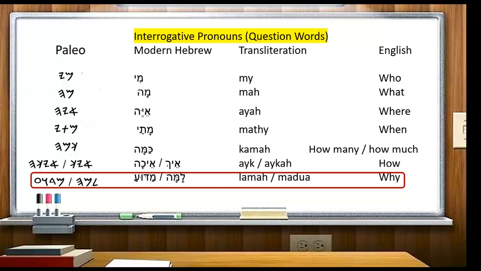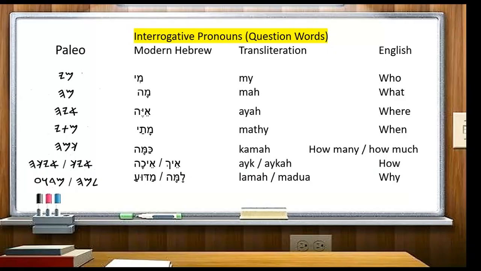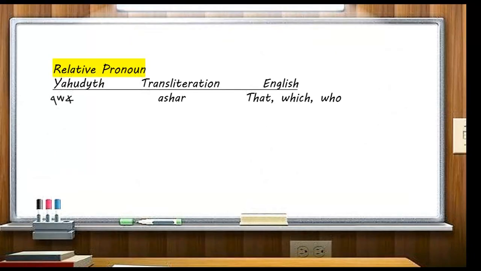Okay, let's continue. Now here's another relative pronoun which may be translated to that, which, as well as who in various contexts. So that, which, and who in various contexts share the same pronoun, ashar.